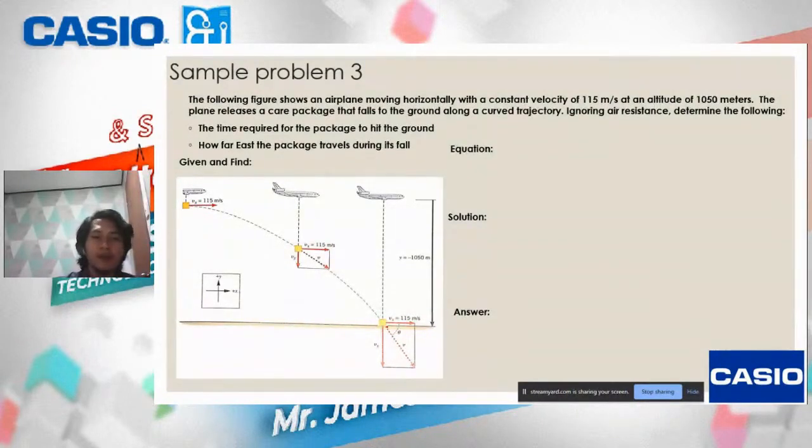Okay? So, are we going to use our components along X? So, technically, hindi natin siya kailangan. Kasi, una sa lahat, ang tinatanong ay, may hit yung ground. So, para ma-hit mo yung ground, kailangan yung component ng Y ang titingnan natin. Okay, with that, our equation will be this one. Now, why is this our equation? So, we have to use an equation such that ang given lang natin ay, una, initial velocity along Y, which is equals to 0.